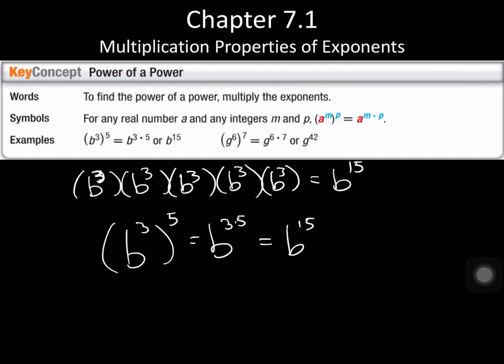So all of this is why this rule works, but this is how we work the rule: a number outside the parentheses says this entire parenthesis has been raised to a power, to a power. 3 times 5 is 15.